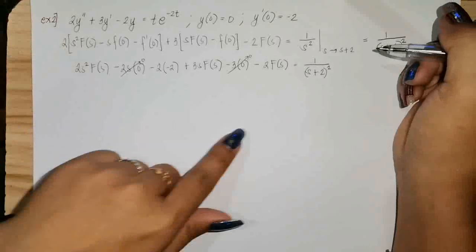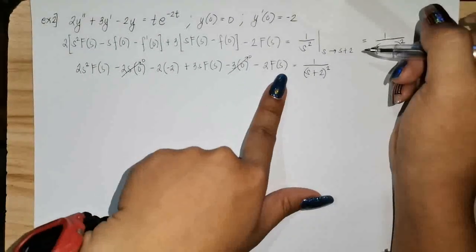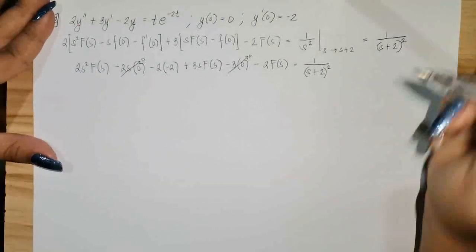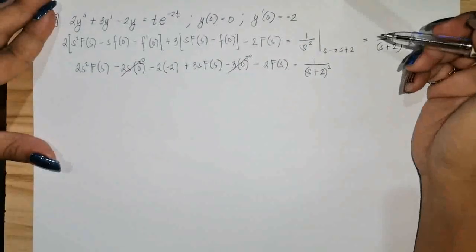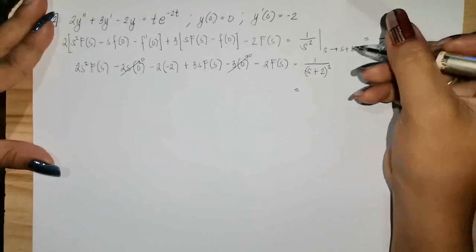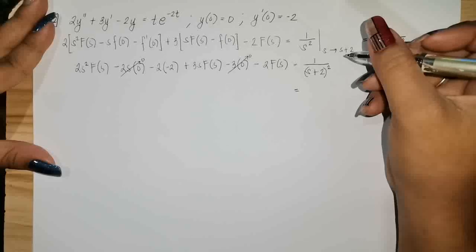So lahat ng f of s, factor out si lahat ng f of s, tapos yung walang f of s, lilipat natin sa kabila. So ang walang f of s ay si negative 2 multiplied by negative 2, that is positive 4. So lilipat natin siya doon, that will be negative 4. Tama?